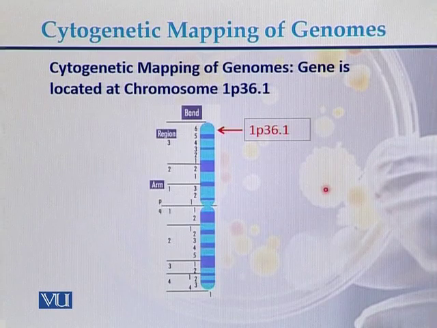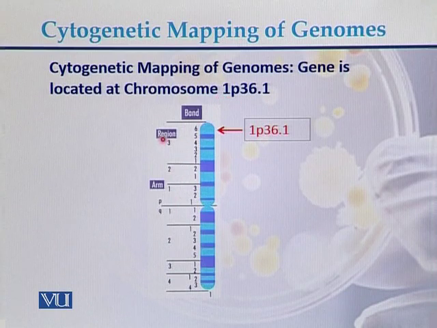There is another view of the cytogenetic map. Let's say we know a gene. The gene is located at chromosome 1p36.1. So how will we identify the position of this gene? Here are the regions. This is the Q arm, the long arm of the chromosome. This is the P arm. 1 is the chromosome.